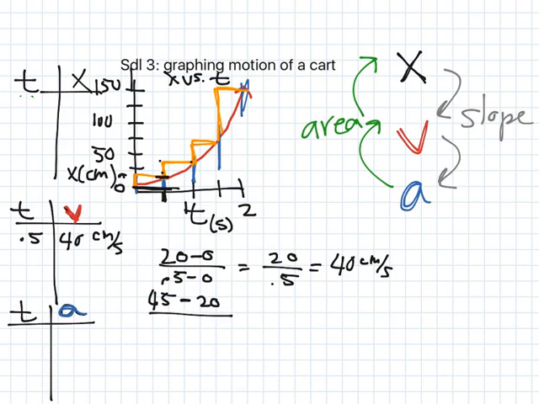So we go up to about 45, and again we aren't starting at 0 anymore. We're going over from half a second to 1 second, which gives a segment of half a second over 25. If you put this in the calculator, you're going to get 50 centimeters per second. So that's your new velocity.